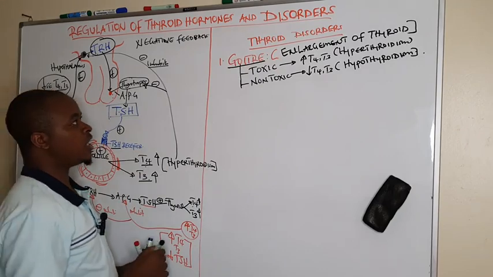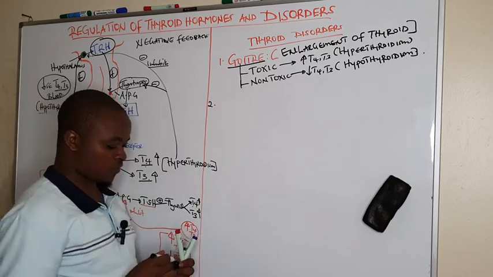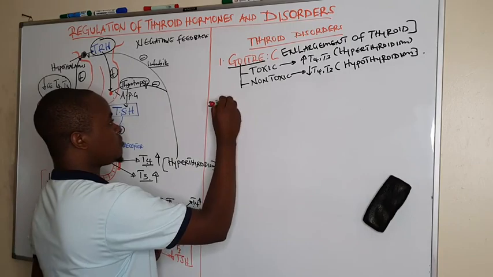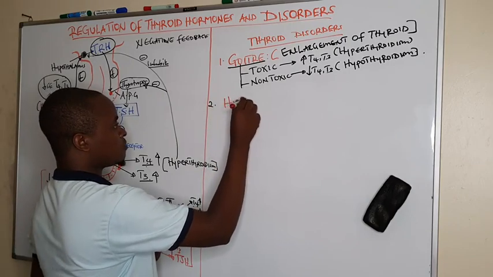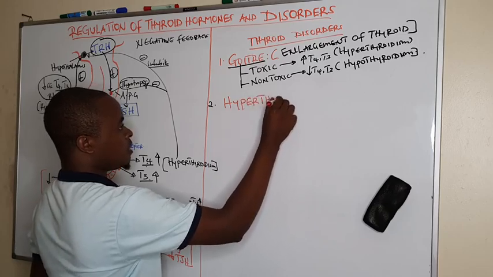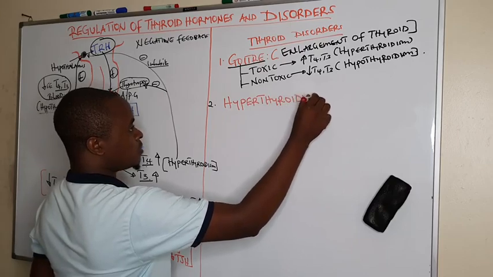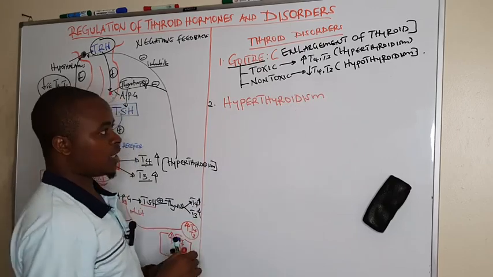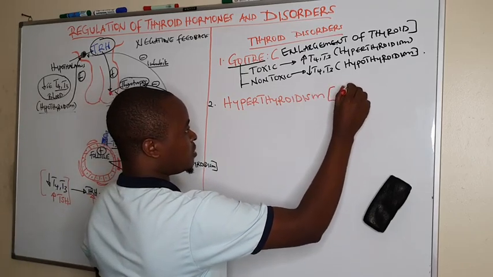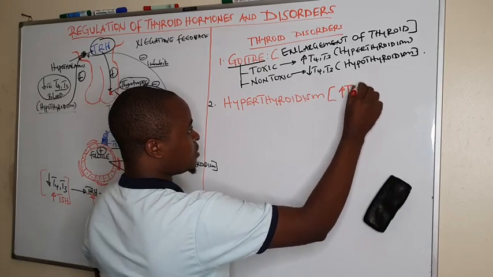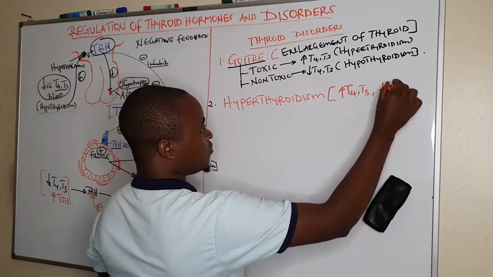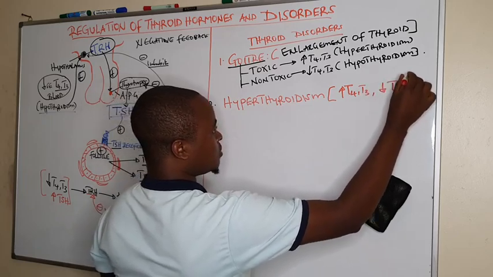Then from there we can look at the second disorder, which is hyperthyroidism, which is characterized by increased levels of T4 and T3 with low levels of TSH.